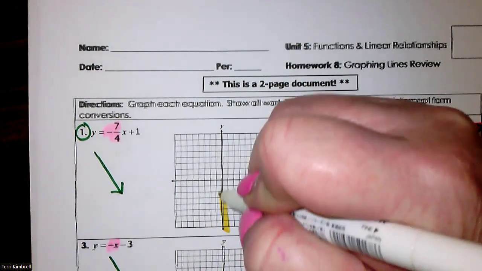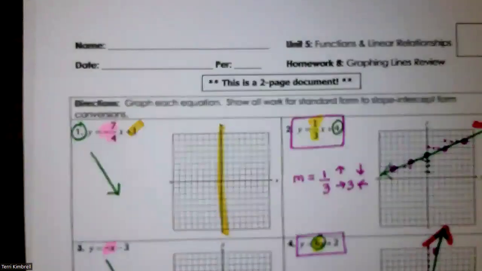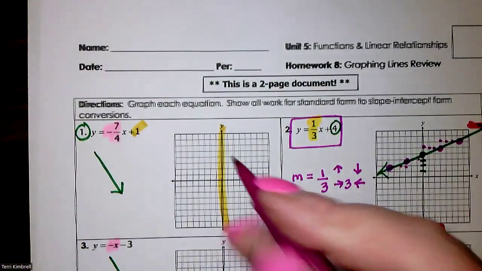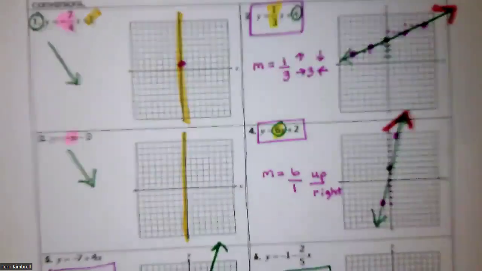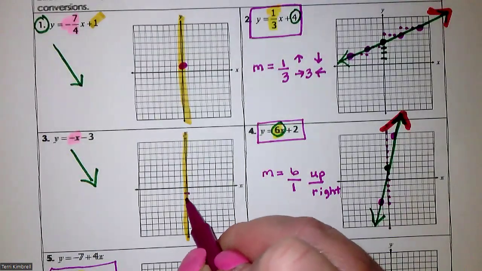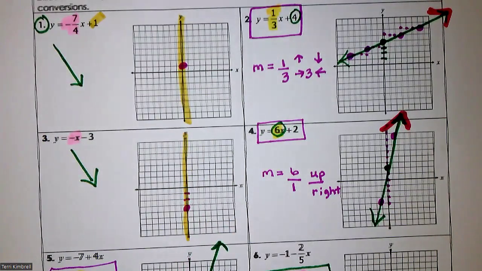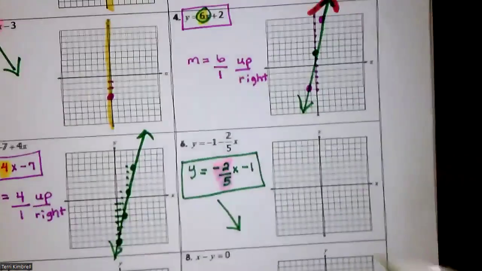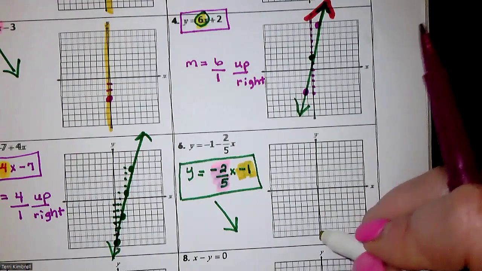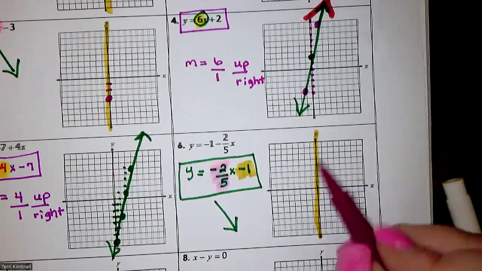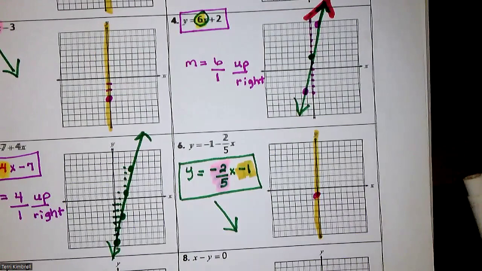I'm going to highlight this, and what I was talking about is your y-intercept needs to be on that point. Make sure on this one, your y-intercept is at -3. Make sure on the last one I asked you to do that your y-intercept is at -1.